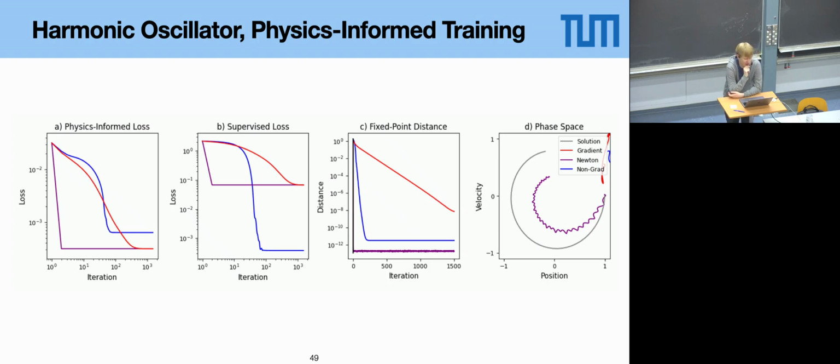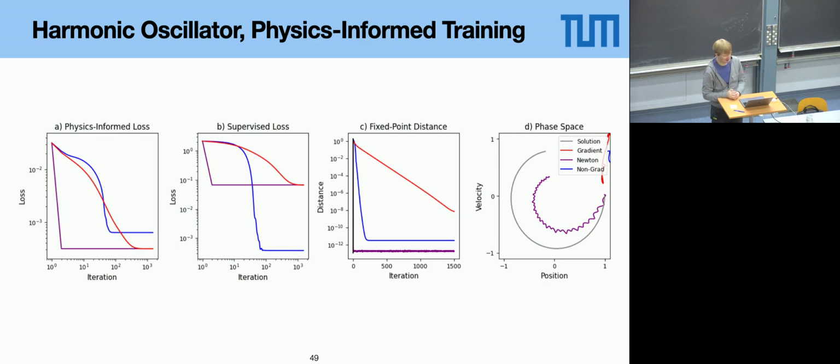We have these two losses in figure part A. The physics-informed loss is the loss we compute updates on, but we're not really interested in how well the solution looks in that loss. Then we have the supervised loss. This is the one we are interested in. The third plot we can ignore for the moment.